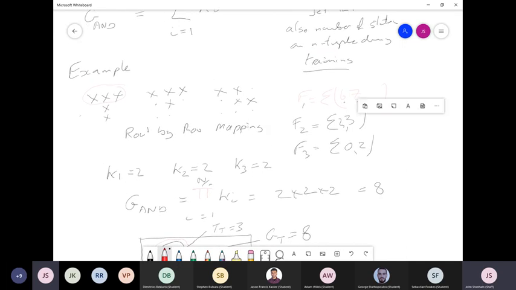Right, if my threshold was 1 out of 3, I could have 0, 0, 0 on the top row. It wouldn't respond because it's not an allowable state. F1 would be 0. I could have 0, 1, 0 on the middle row. It would respond. And I could have 0, 0, 1.